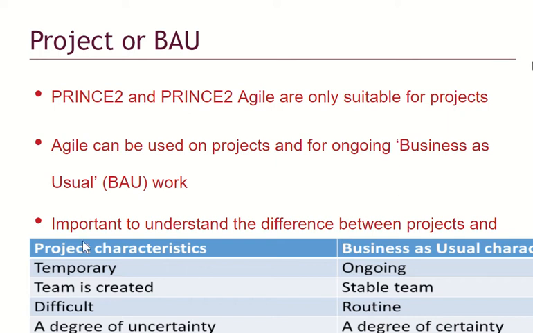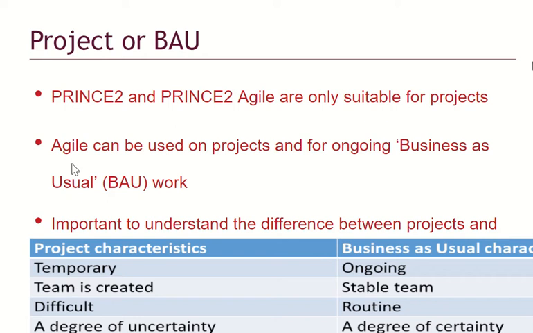But take note, Prince2 Agile is not the same as Agile, in the sense that Agile exists as a new way of working, which can be used for project work and business as usual work. But when we talk about Prince2 Agile, we are talking about using the Prince2 methodology in the context of a project, using it to manage a project.